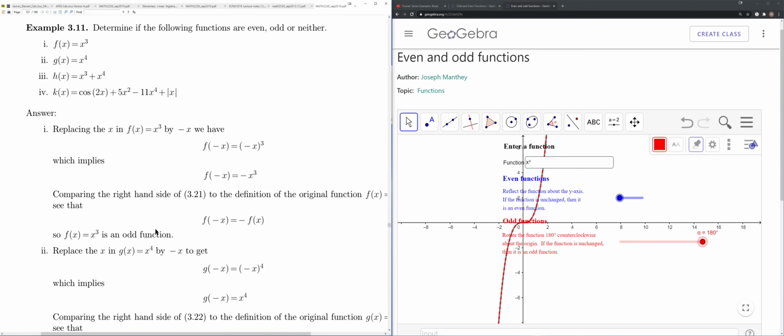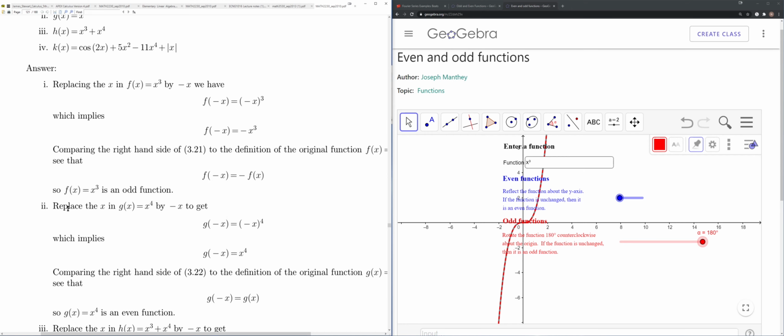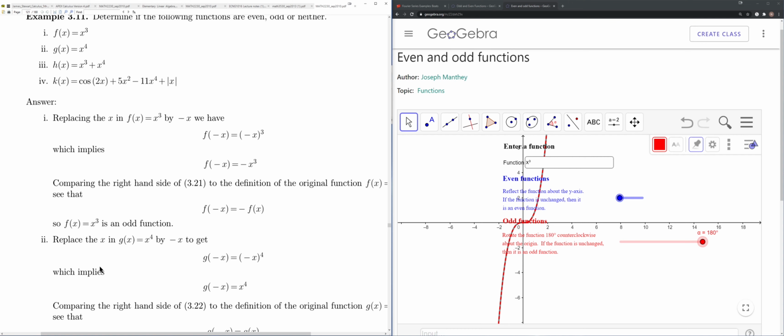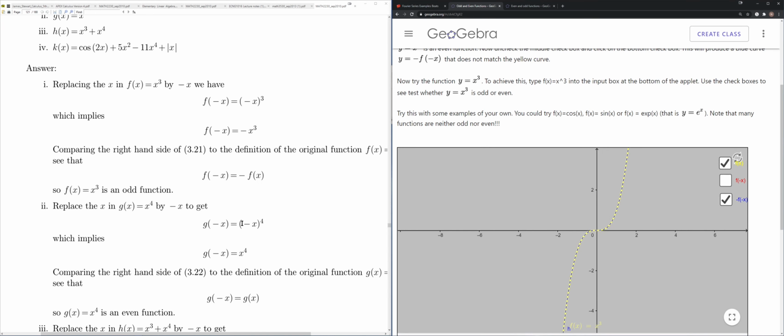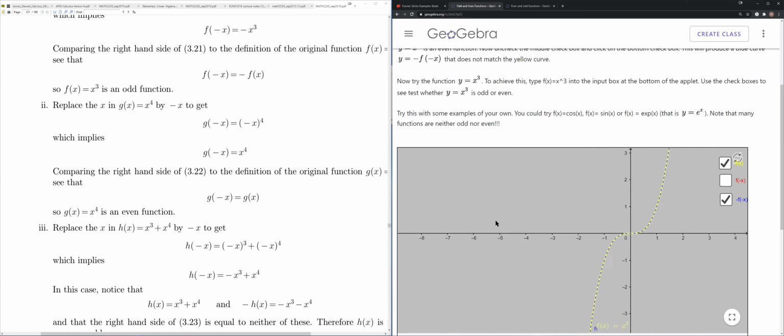And you can check in part 3 over here that this particular function is neither even nor odd. So while some functions are odd and some functions are even, some functions are neither even nor odd. I will do this one graphically, and you check in the notes how to actually work it out.